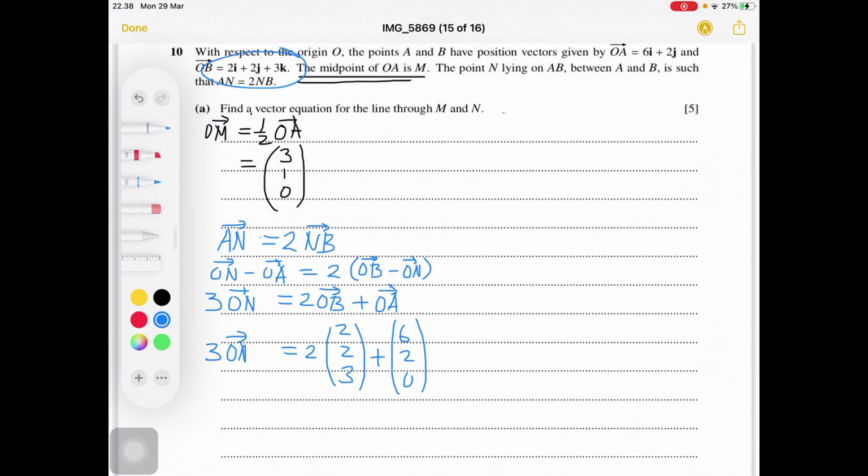Solving this equation, we'll be able to find that the position vector of ON is (10 over 3, 2, 2).